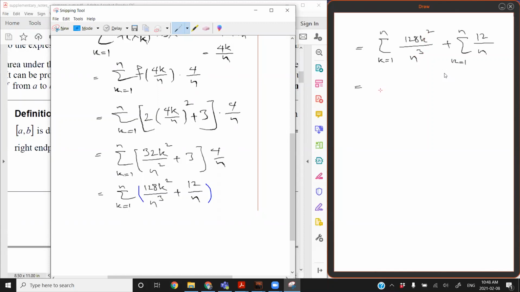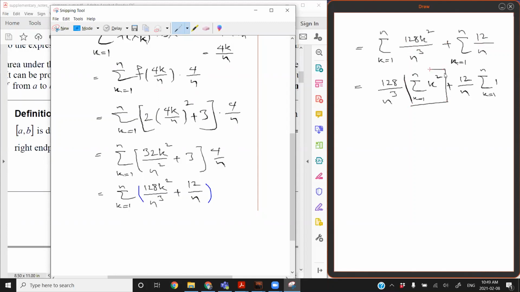So this is like having 128 over n to the power of 3 times sigma k squared, plus 12 over n times sigma of 1, k from 1 to n. 128 can be moved out of the sigma. n to the power of 3 can also be moved out of the sigma. 12 over n, both of them can be moved out of the sigma because they do not depend on k. They are constant as far as k is concerned.